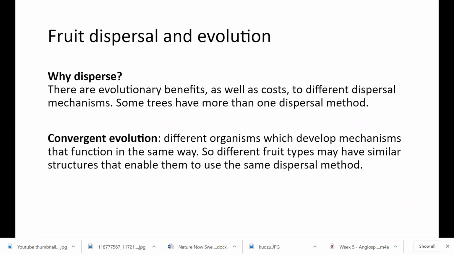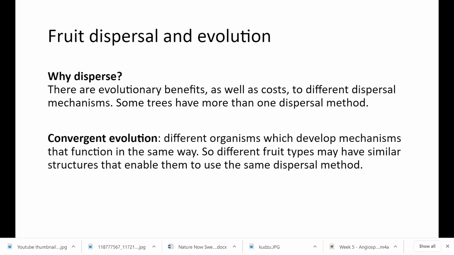So why does it matter evolutionarily how fruits are dispersed? There are benefits to being dispersed for a greater distance, but there are also costs to it. And this is why we don't have the same fruit for every single type of plant in the world, because this balance of benefits versus costs results in different options that are good for different environments. Some trees have more than one dispersal method.